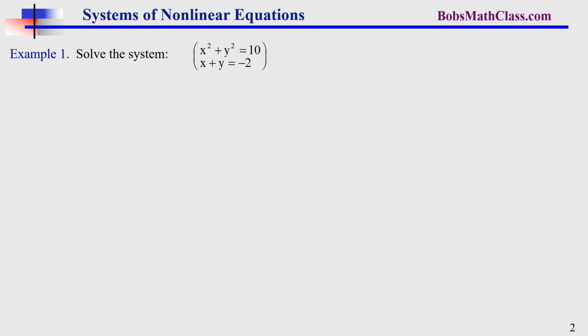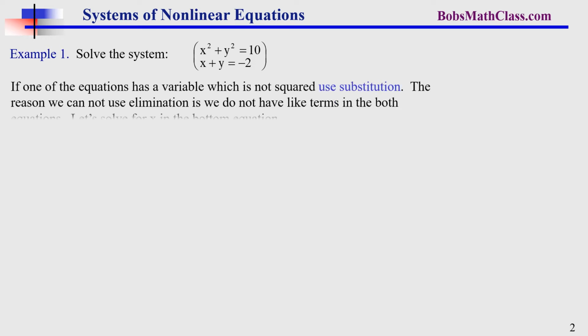Well, we definitely don't want to use the top row, because if we get x or y by itself, on the right hand side we're going to have a plus and minus square root, and that creates more problems. Okay, so we're going to use substitution, and let's get x by itself in the bottom row.